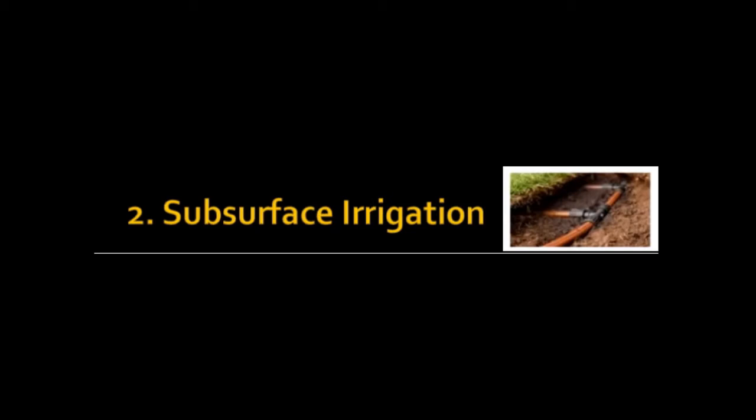Moisture moves upward towards the land surface through capillary action to meet the requirement of the crops in plant roots. Water is applied through an underground distribution system consisting of properly designed main field ditches, with laterals laid 5 to 30 meters apart.